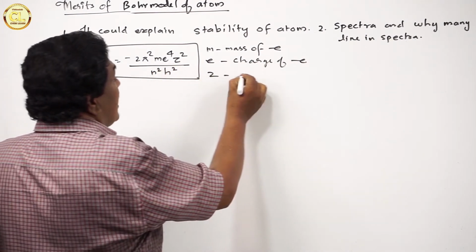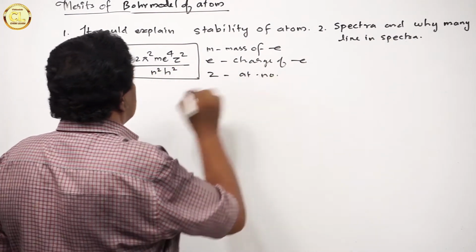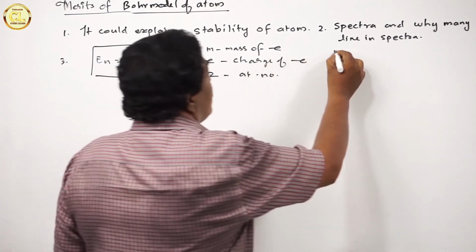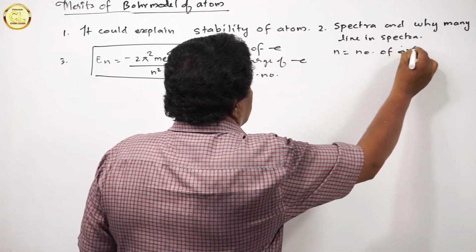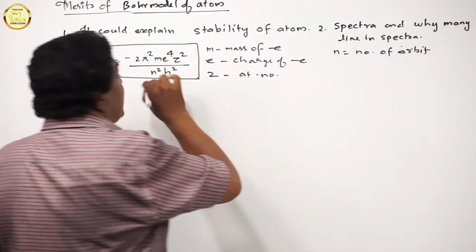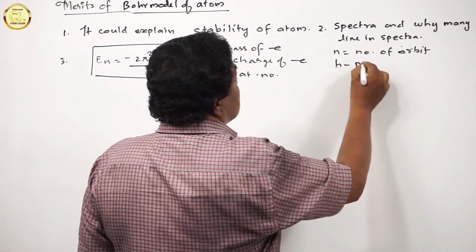Z stands for atomic number. N stands for number of orbits. H stands for Planck's constant.